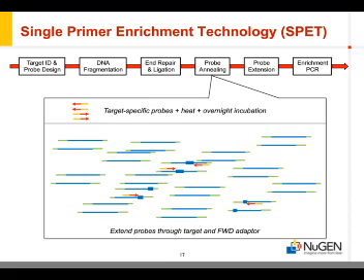And the next step is to perform the single primer extension reaction. And this single primer extension reaction then is going to create a full-length library molecule. And the extension is only going to be taking place where we have a sequence-specific hybridization event taking place.